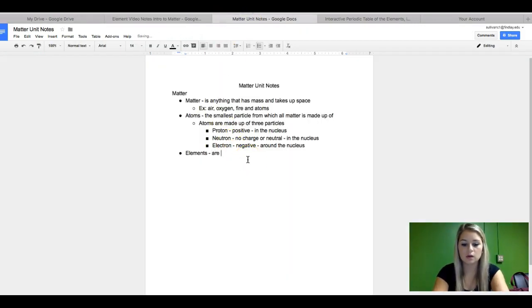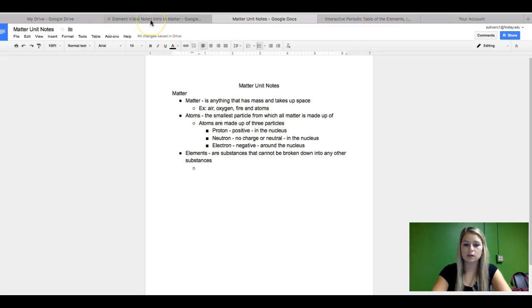So elements are substances that cannot be broken down into any other substances. And then we're going to hit enter, and then we're going to hit our tab button so that way we can add more information underneath elements.